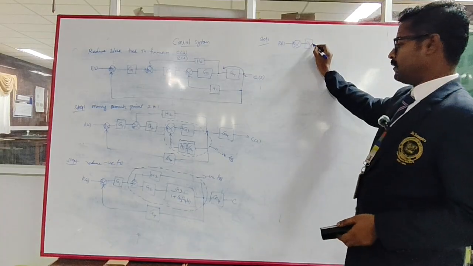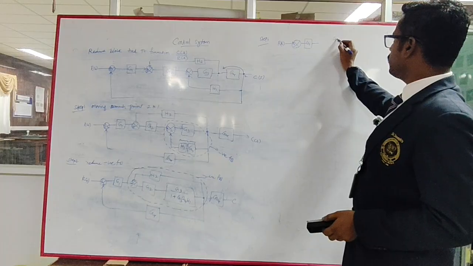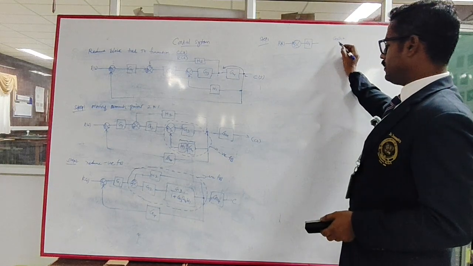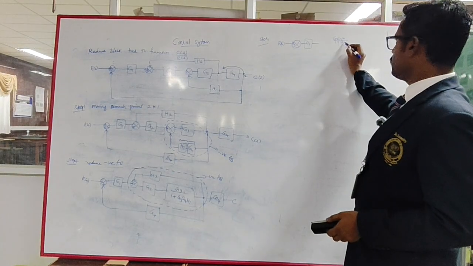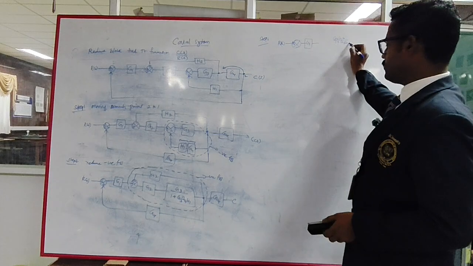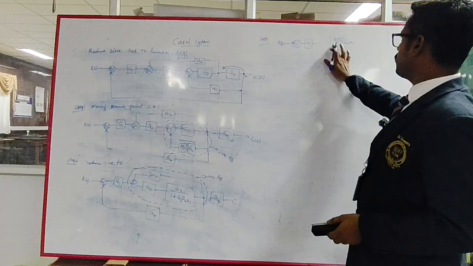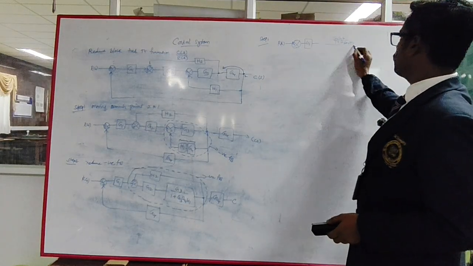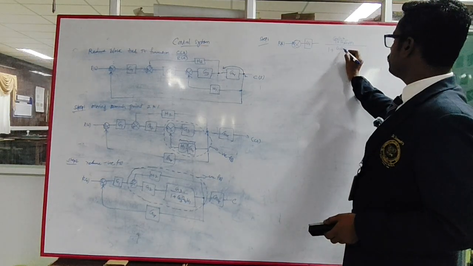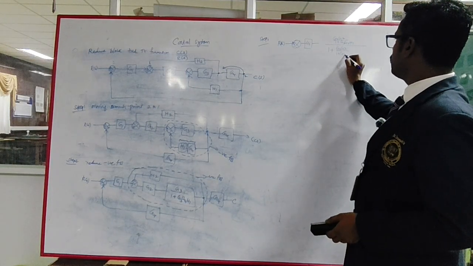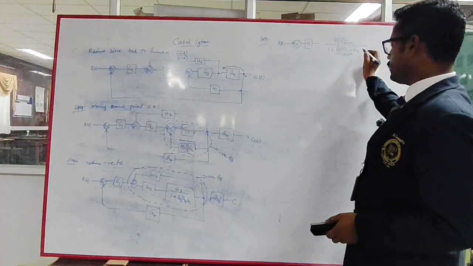Okay, and these things are modified now. So the forward path gain, what you will get is G2 G3 divided by 1 plus G3 G4 H1, the whole divided by 1 plus G2 G3 divided by 1 plus G3 G4 H1 into H2.